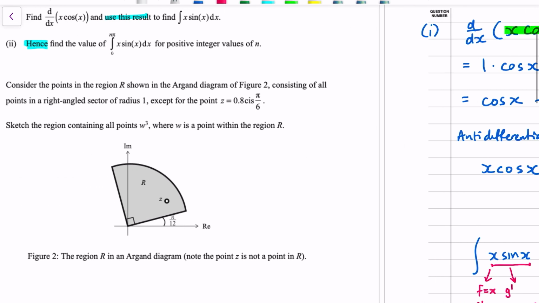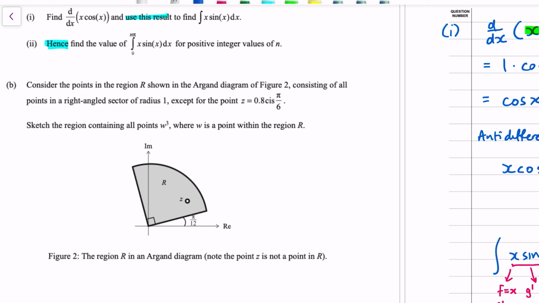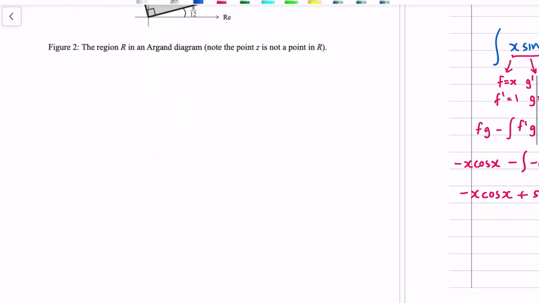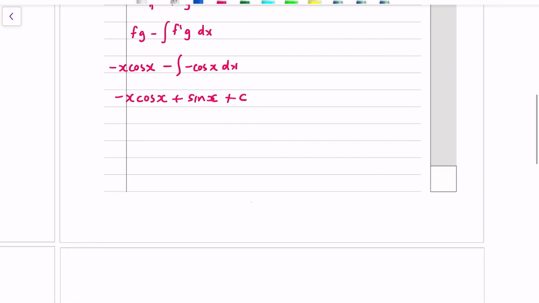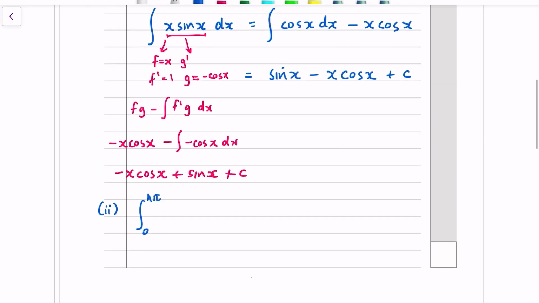Okay, the second part of the question asks us to integrate the same thing, but just between 0 and n pi for positive integer values of n. Zero to n pi of x sine x.